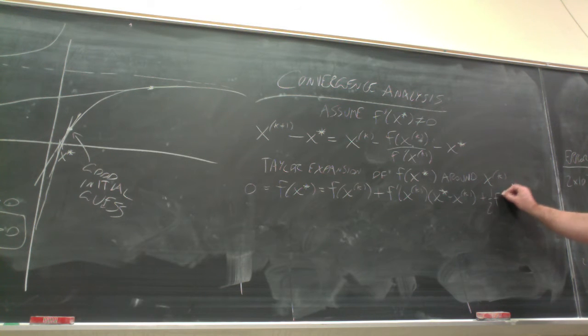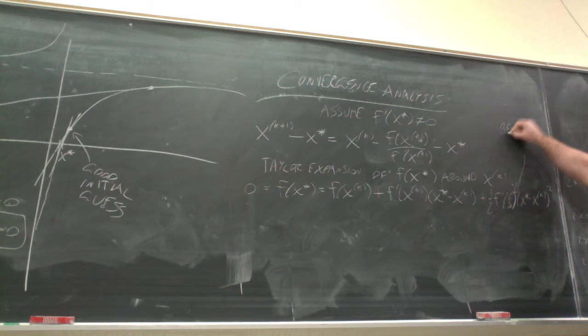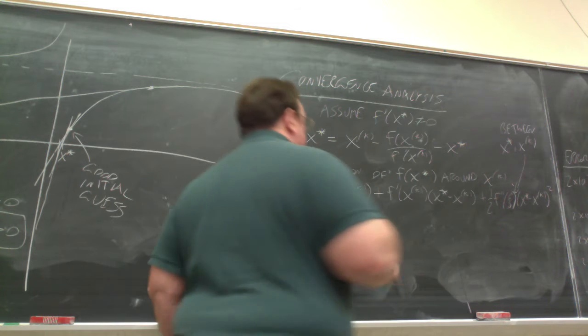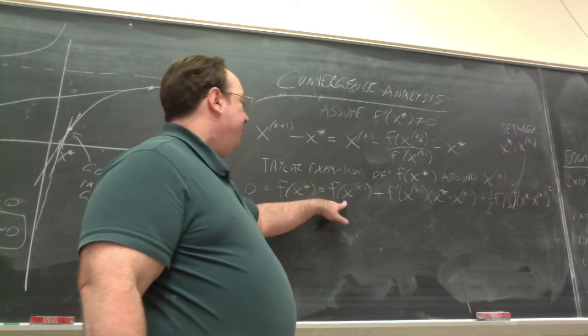Plus one half f double prime at xi times (x star minus x_k) squared. That xi is some unknown point between x star and x_k. That's actually an e, believe it or not. So I'm going to use this Taylor expansion to replace f of x_k.